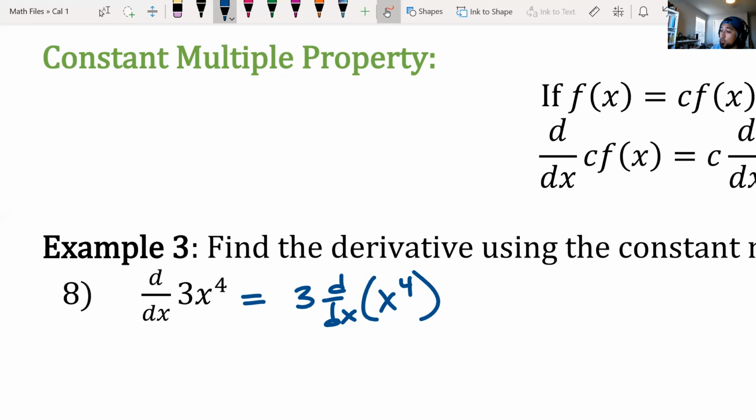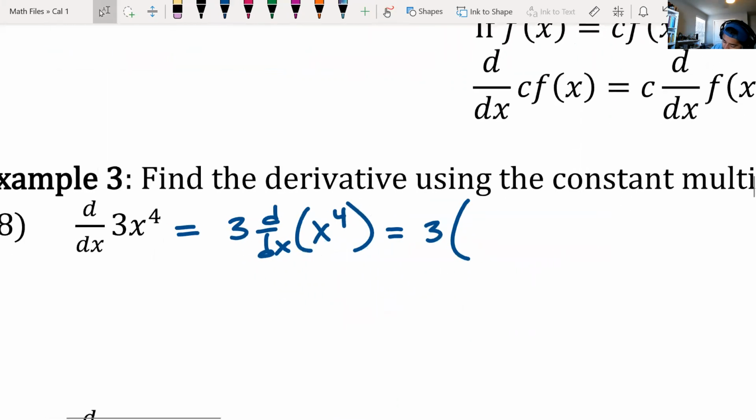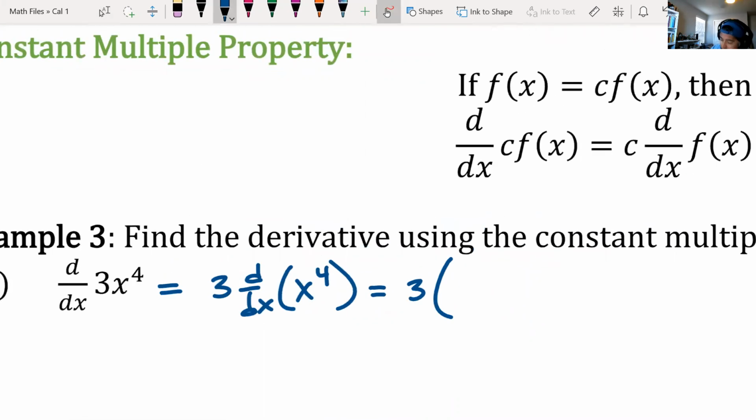And now what is the derivative of x to the 4th? 4x to the third. And then multiply them together, and we get 12x cubed.